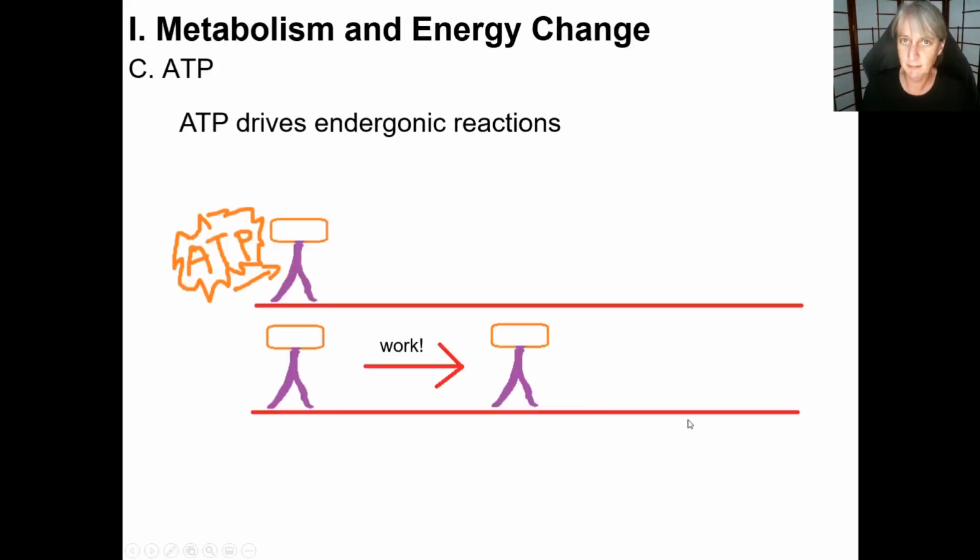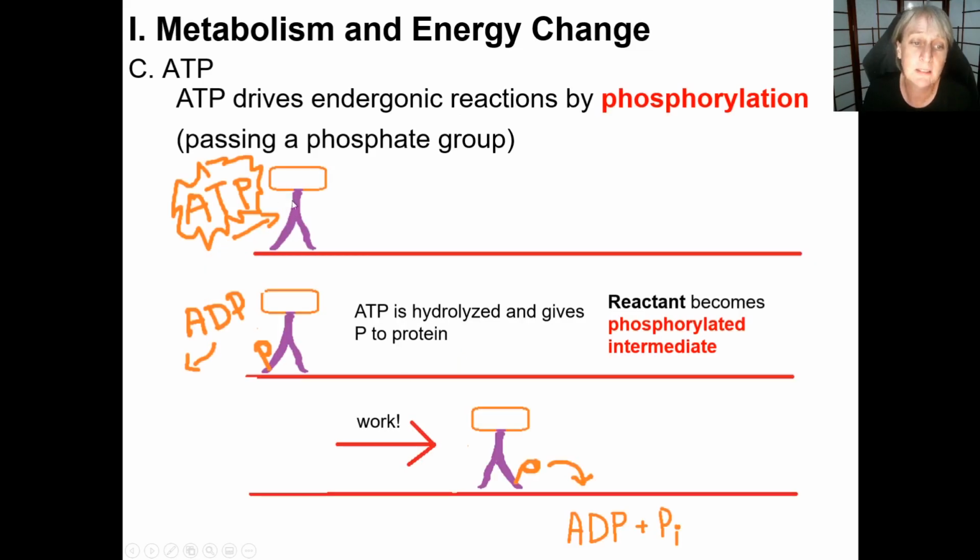So I drew this myself because I love these things. This is a motor protein, and it's carrying a vesicle. We want to have it do work, but we can't just do this. We don't just shoot it like Goku and it walks. We need to create a phosphorylated intermediate. So what I do is I take my purple motor protein, my body gives it 1 ATP.